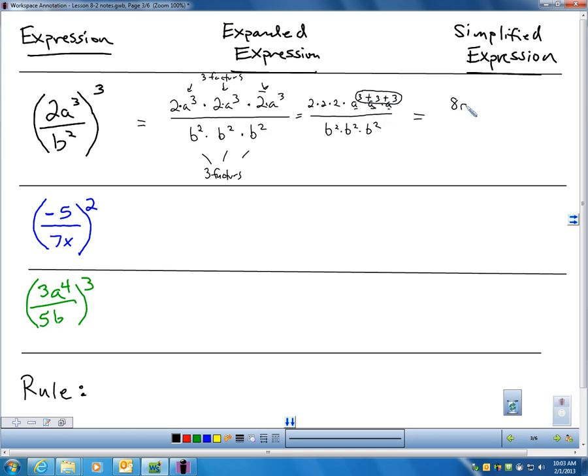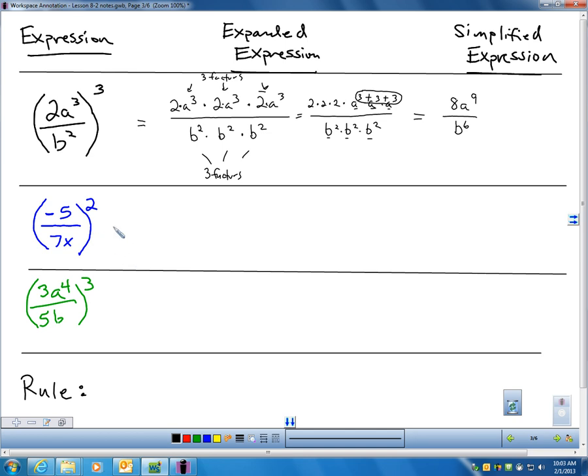That's a to the 9th. And in the denominator, since I have the same bases, I can add the exponents. That's b to the 6th. And since these bases are not the same, I can't divide. There's my simplified expression: 8 times a to the 9th over b to the 6th.